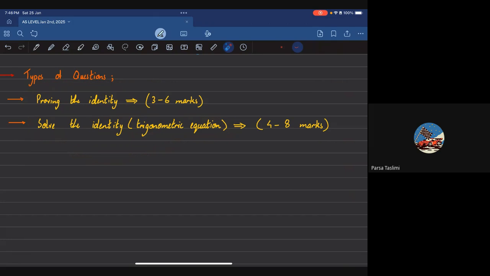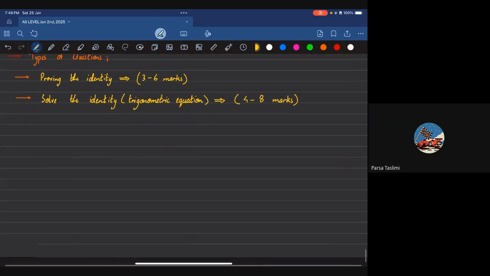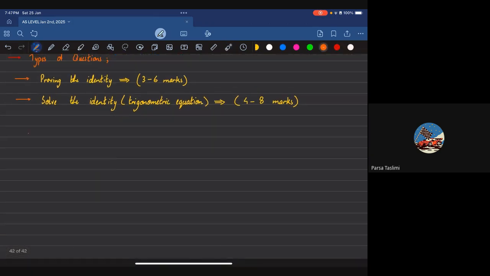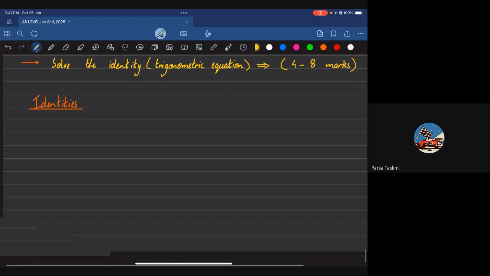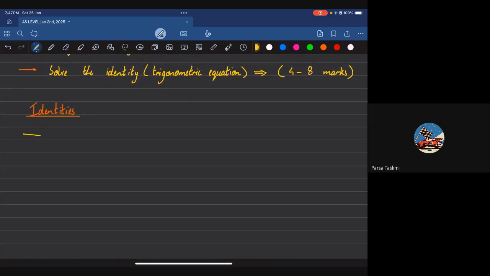There are a couple of identities in your syllabus, which are as follows. Your identity proving is going to be through these identities as well. So let's look into your identities. Now, in total, you have almost four identities, I can say.